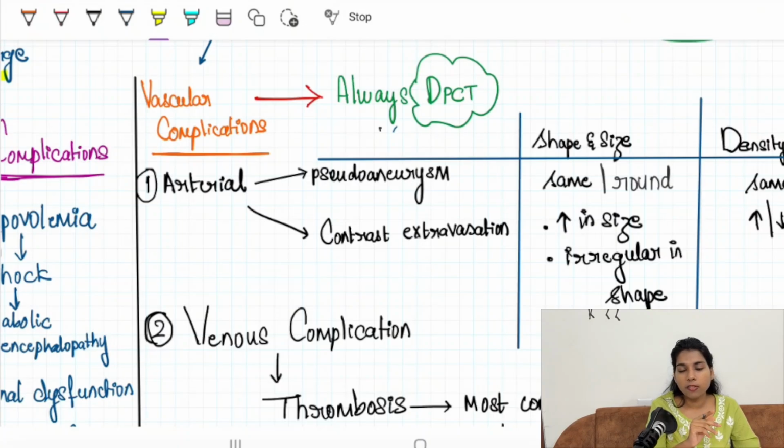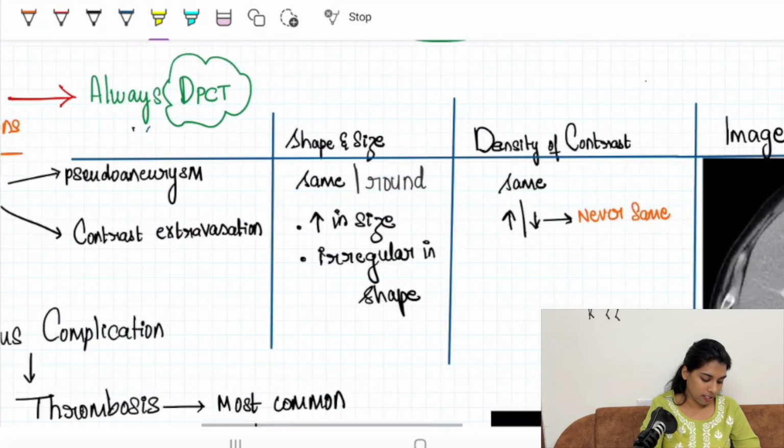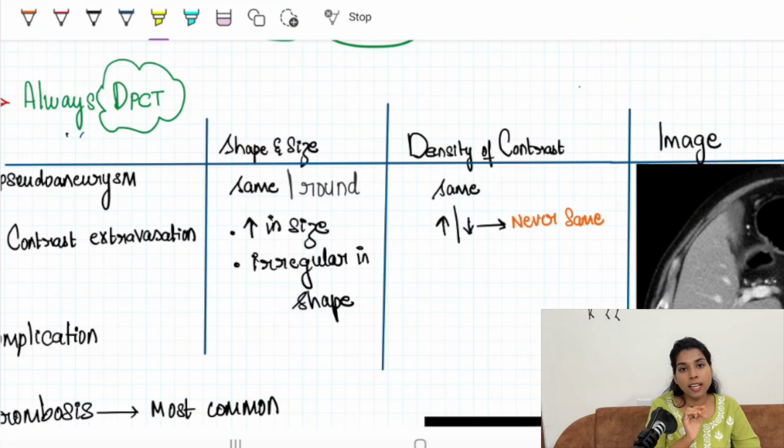Arterial complications, we can either have a pseudoaneurysm or contrast extravasation. The most commonly asked question in most of our vivas is, how do you differentiate between a pseudoaneurysm and a contrast extravasation? This is the perfect answer. We look at the size and shape of the lesion.